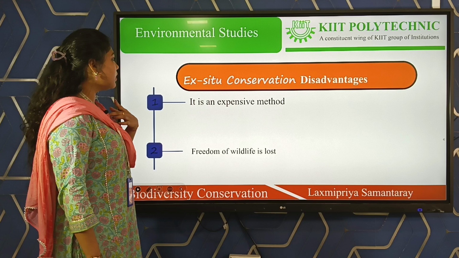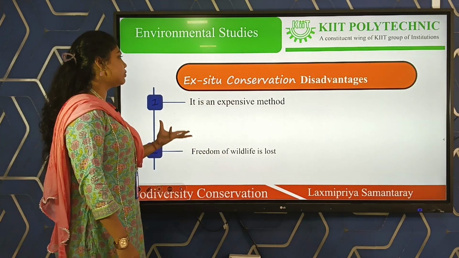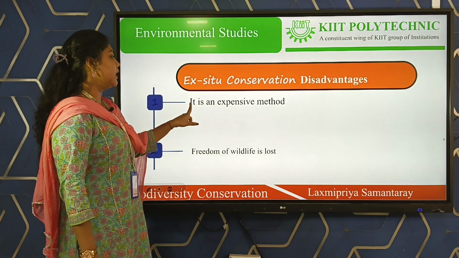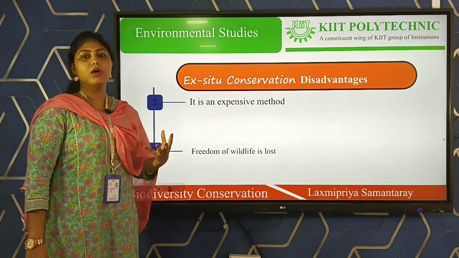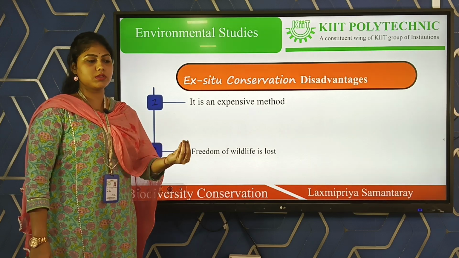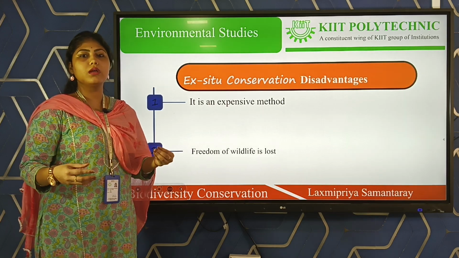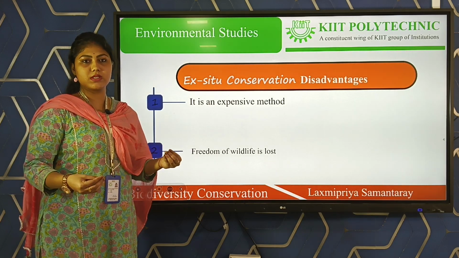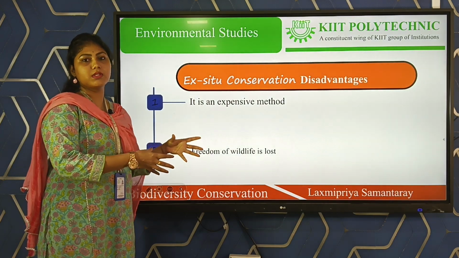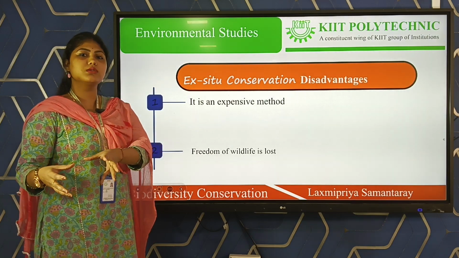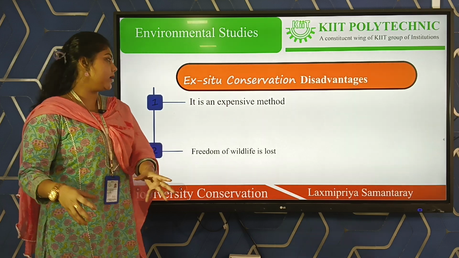And next one is ex situ conservation disadvantages. What are the disadvantages of ex situ conservation? The first one is it is an expensive method. Yes, if we are creating an unnatural space for the species, and moving a species from a natural place to another, that is called a man-made habitat.